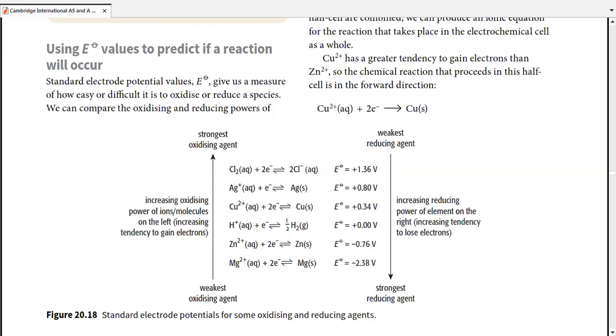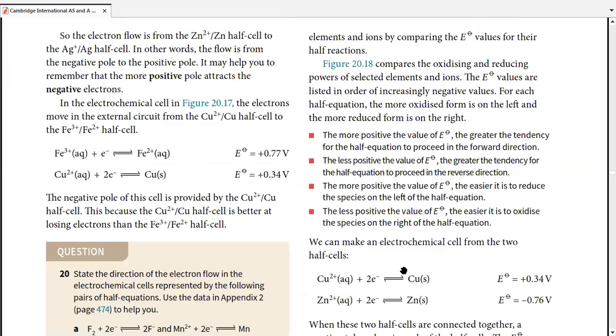Now the E standard values give us a measure of how difficult or easy it is to oxidize or reduce the species. And we can compare these oxidizing and reducing powers of species, and we can discuss them for half reactions, whether they will happen or not happen. Take a look at Figure 20.18, which compares the oxidizing and reducing powers of the selected elements and ions.